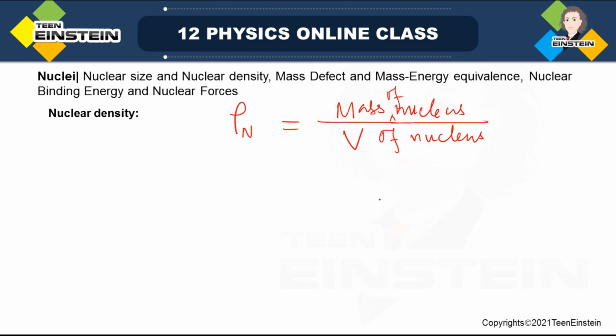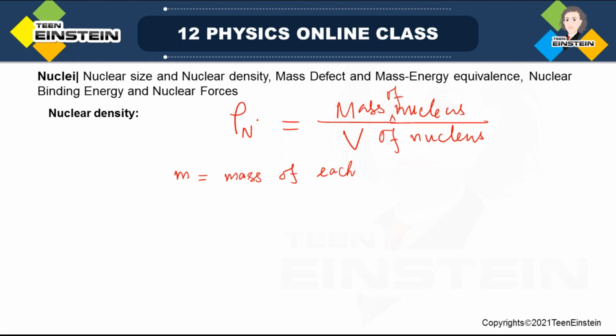let us take one example. Suppose small m is the mass of each nucleon. We have discussed what is nucleon in the previous class.